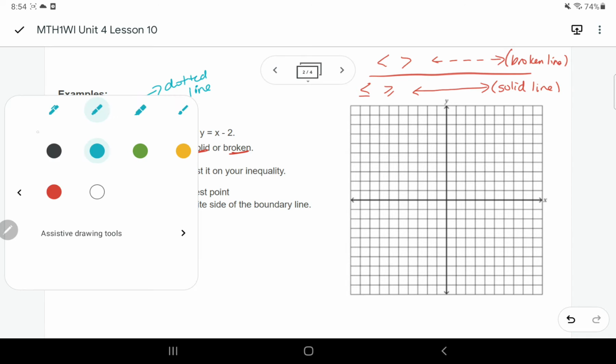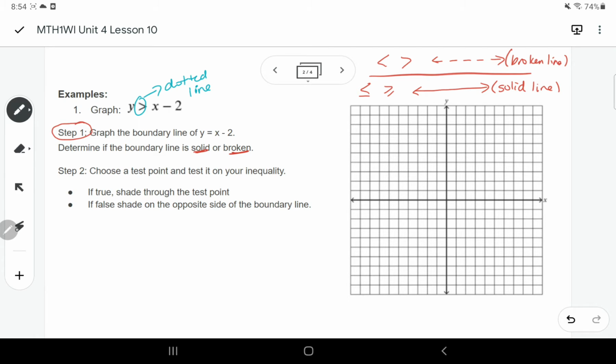So I'm going to go back and think about what we did with our graphing and my boundary line y equals x minus 2. So we can think about this with transformations, that this would be a vertical shift. It's going down 2 squares. Or we could say that that's the initial value or the y-intercept or the b.